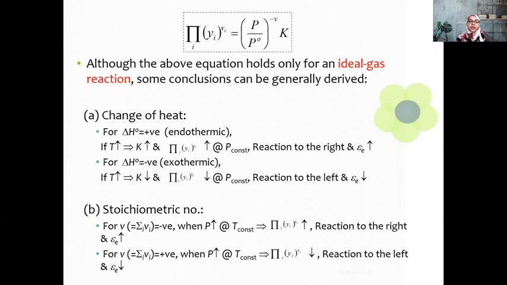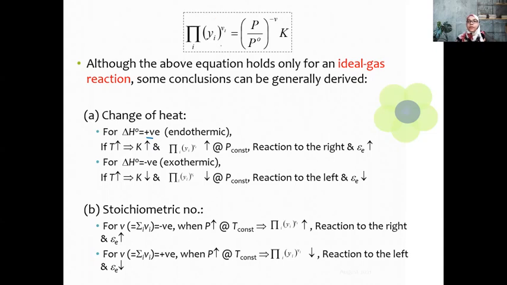Okay, for example, if we consider the change of heat, because when we talk about the reaction, it can be endothermic or exothermic. For the endothermic reaction, we absorb heat into the reaction, and the sign of the standard delta H is positive. If we increase the temperature, the equilibrium constant will increase.